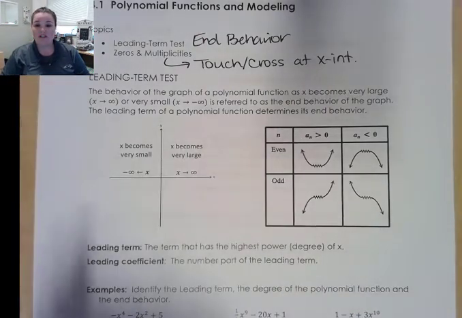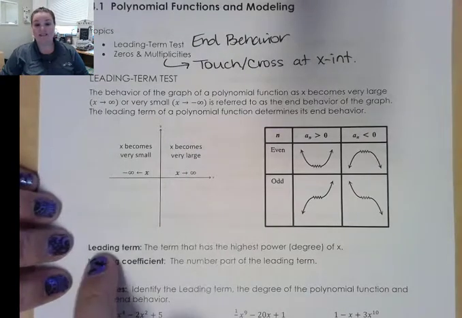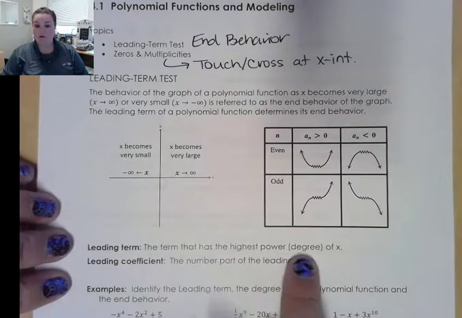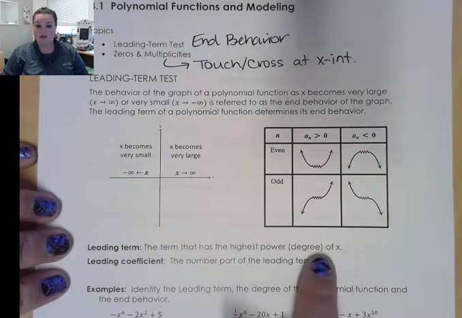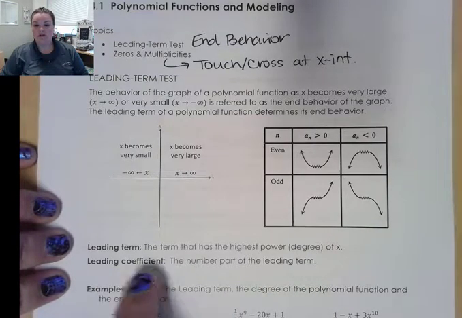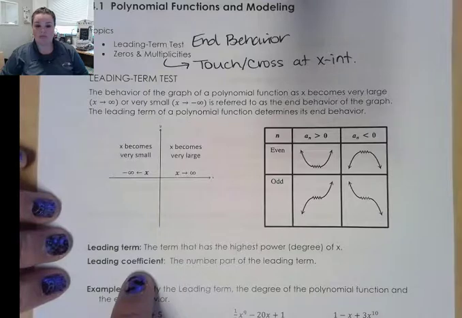So we can actually determine that by just looking at the highest degree term, okay? Or in other words, the leading term. The leading term is the term that has the highest power or degree of x. And we're going to look at that degree and also the number part, or the leading coefficient, of that term, okay?